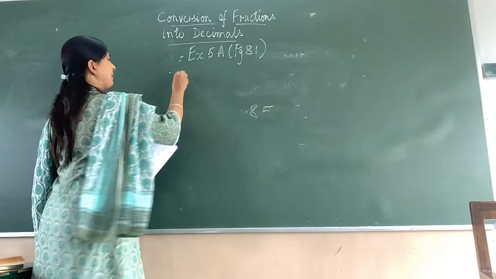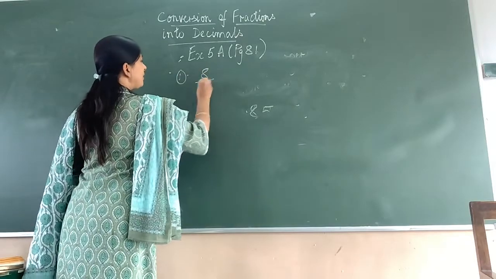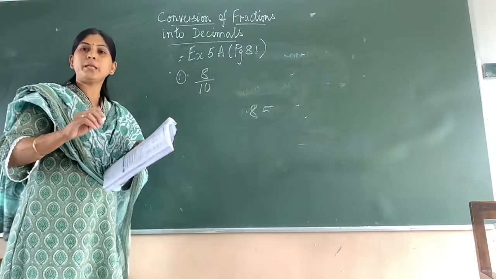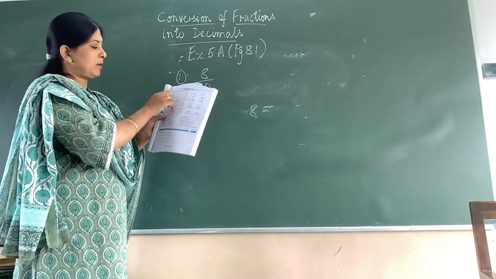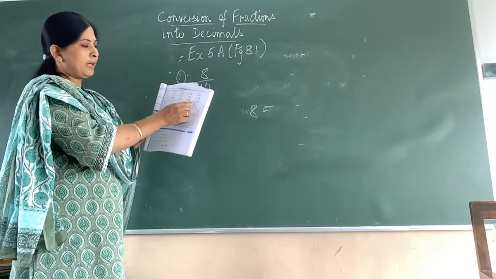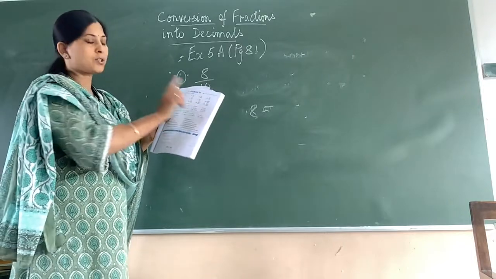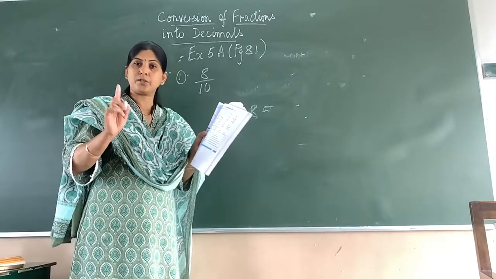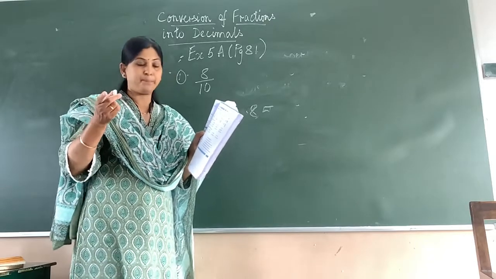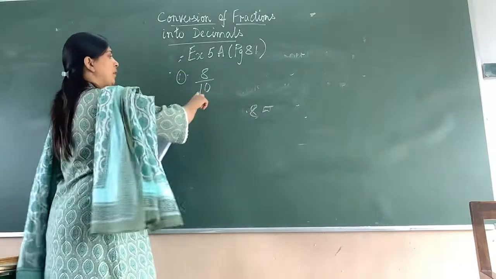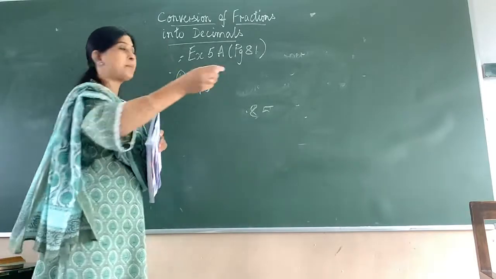Now, first sum, 8/10. Now 8/10, it is a decimal fraction. If you look at this exercise, this question 1A, there are 15 sums. All the fractions that are given here are decimal fractions. The denominator is 10, 100, 1000 or multiples of 10. Okay, so we will now convert this decimal fraction into decimal number.